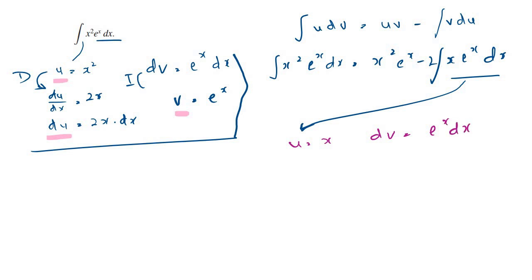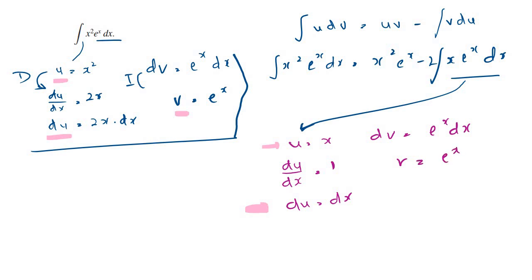That's how we use that. We know du over dx is equal to 1, so du is equal to dx. At the moment we have u and du. We need v, so we integrate this, we get v equals e to the power x, and that's it.